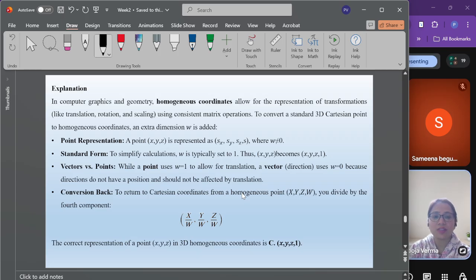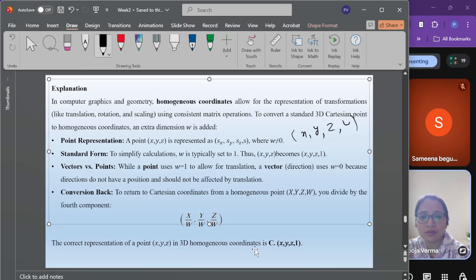To convert a 3D Cartesian point to homogeneous, we add an extra dimension W, and the point can be represented as X, Y, Z, W. This is the standard form, simplifying calculation by typically setting W to 1.